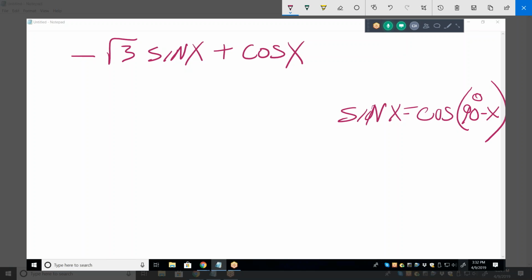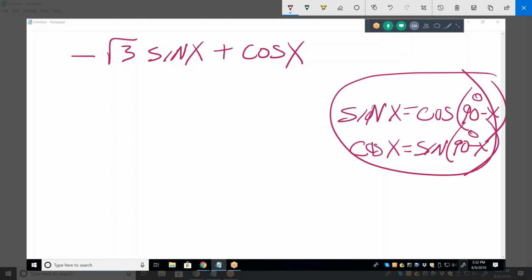Also applies to tangent and its cofunction cotangent. And it also applies to secant and its cofunction cosecant. And it goes the other way also. Yes, sir. So all I have to do is write one of these in terms of the other one using either of those identities.